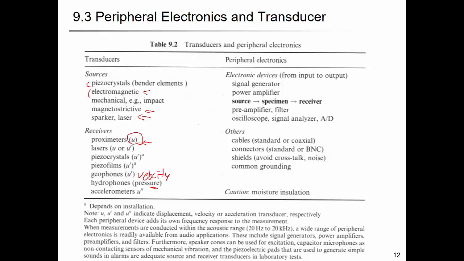And an accelerometer measures the acceleration, U double prime. And there could be a signal generator, power amplifier, preamplifier, filter, oscilloscope, and signal analyzer or AD board. Cable connection, shielding, and the common ground also affect the measurement.